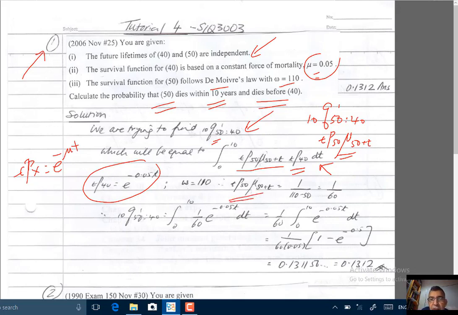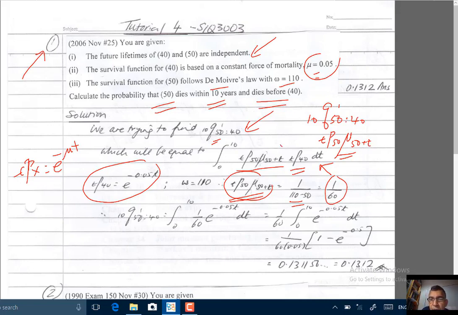So TP50 mu 50 plus t will be 1 over omega minus x, from our LifeCon 1 days. So it's 1 over 110 minus 50, you get 1 over 60.